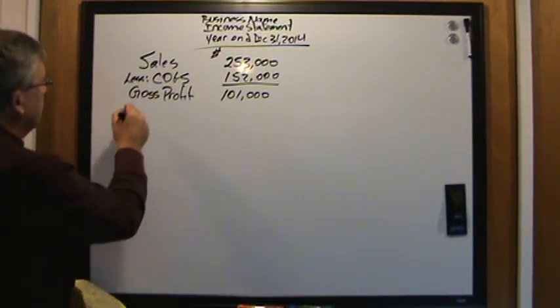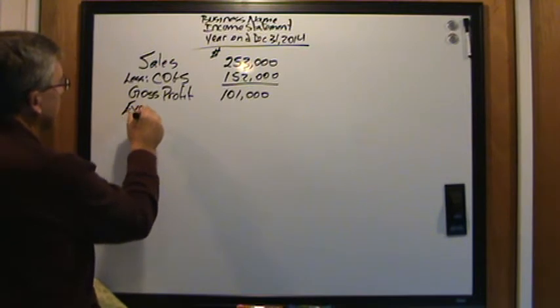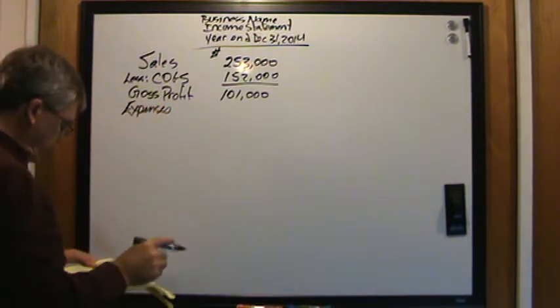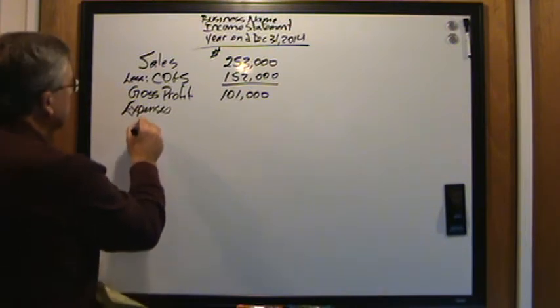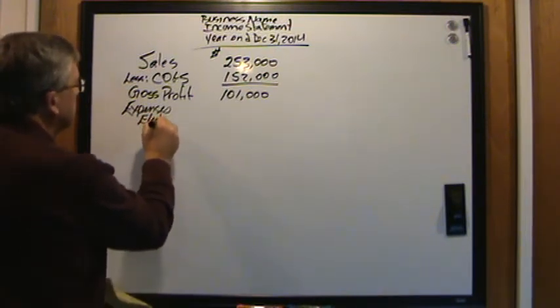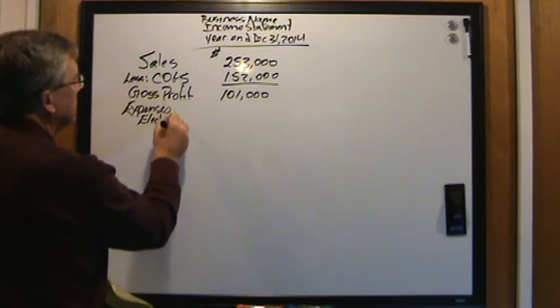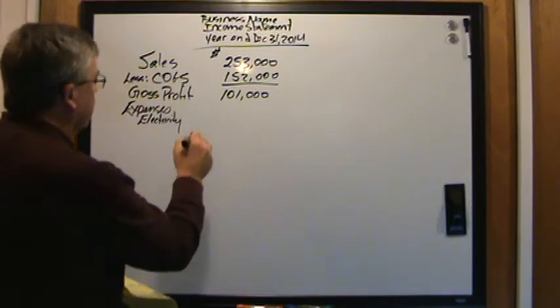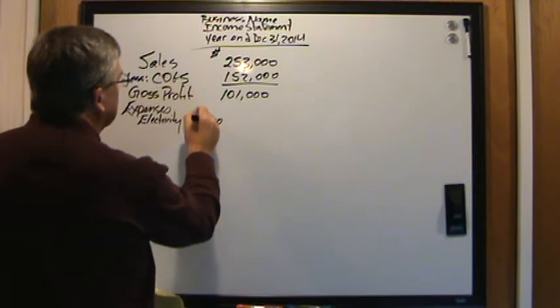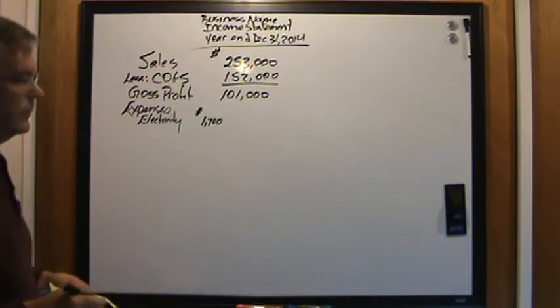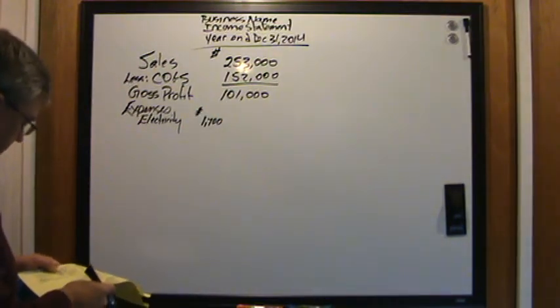Now we have expenses, and expenses included electricity of 1,700. This is a new column, so we'll just do a sub-column for expenses.